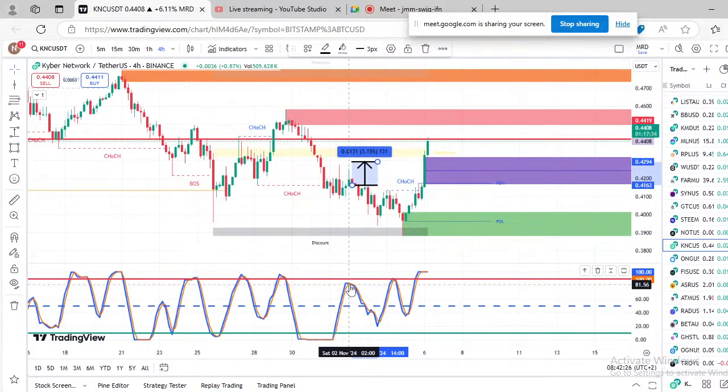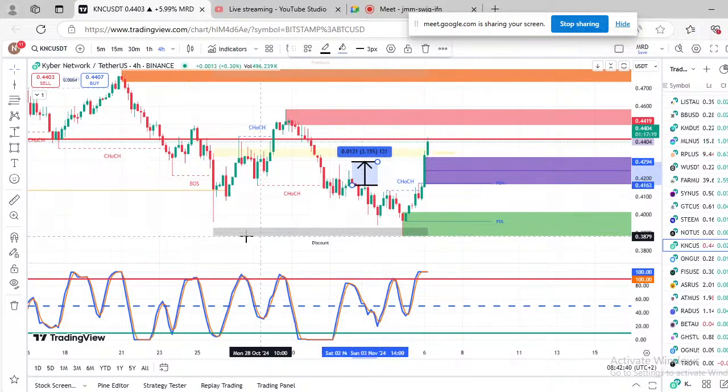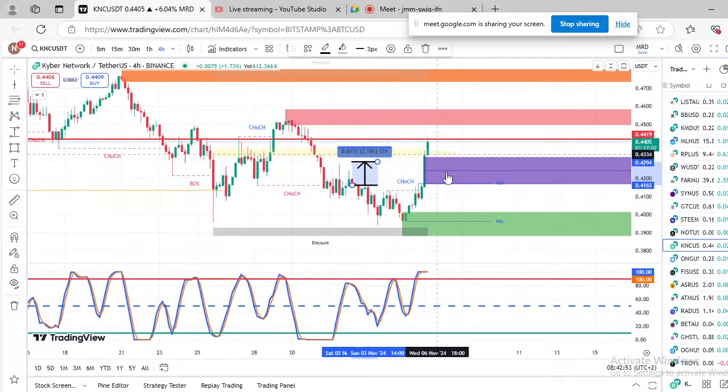Here the RSI was in the overbought region. I shared this coin because I had measured the resistance here, but surprisingly we passed through the resistance and finally hit this discount level. We had been buying margin calls, selling, but now finally we are out.